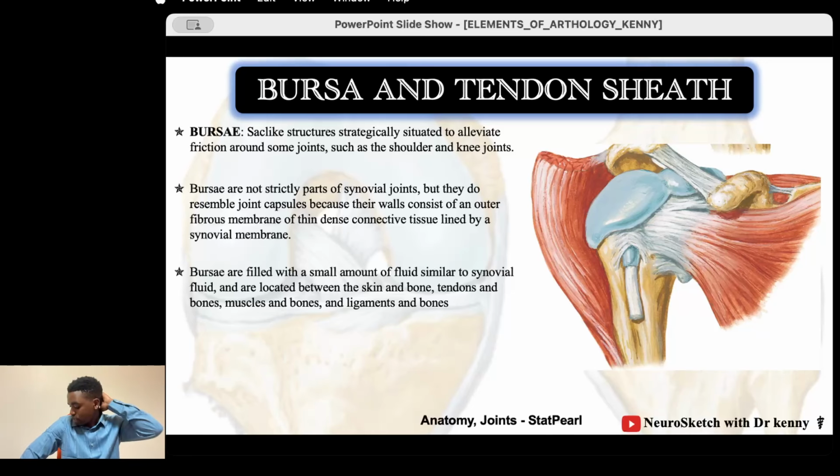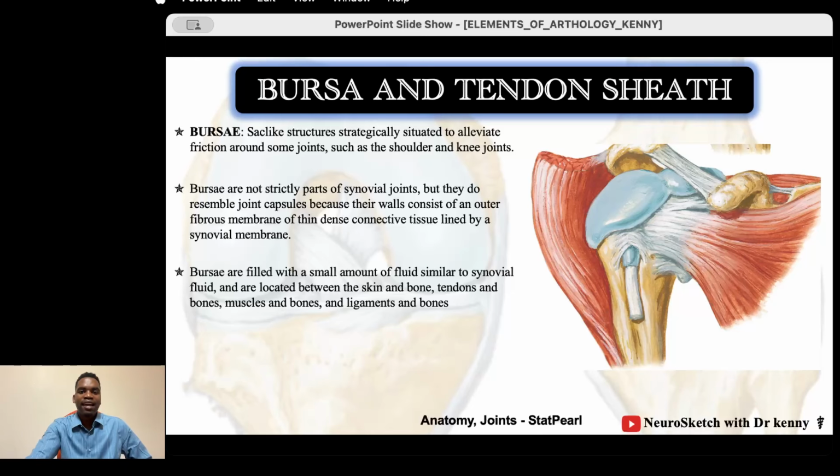They are not strictly part of the synovial joint, but they resemble the joint capsule, because their walls are made of fibrous membrane, as we have seen in the articular capsule. They are filled with fluid, which is almost the same as the synovial fluid.